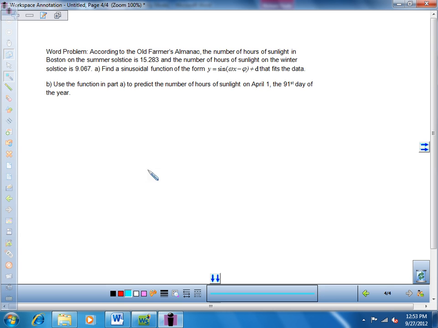Guys, who does these problems? The farmers. They want to figure out when to plant their crops. And they want to predict the number of hours of daylight, so they want to know whether they'll be able to farm on those days.